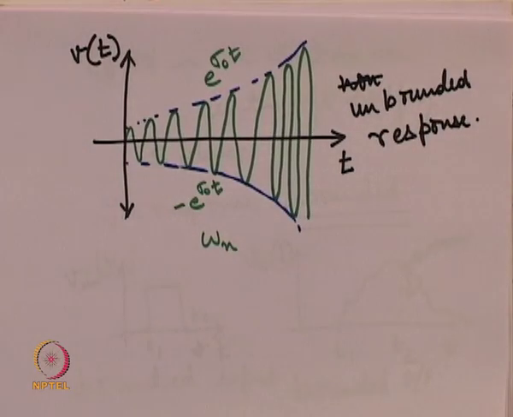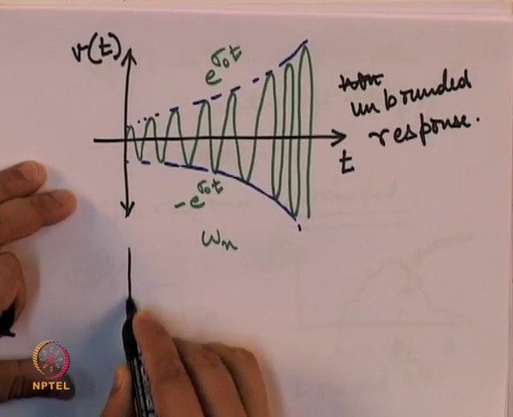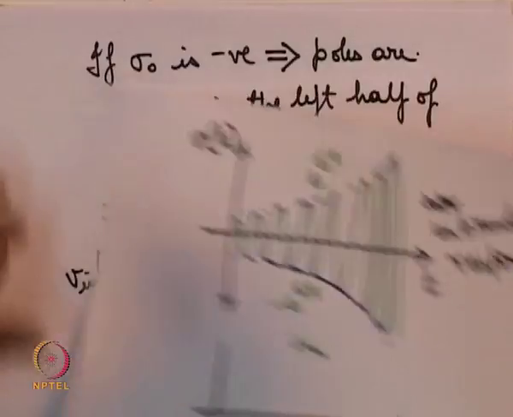Now, when sigma 0 is negative, on the other hand, what do we see? The response, drawing on the same axis, let me use a different sheet of paper.